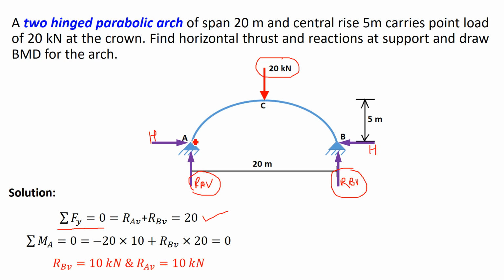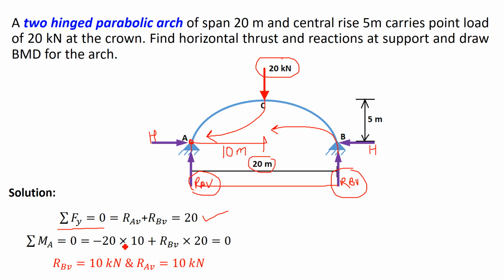Then we take summation of moment about point A. The moment of RAV will be 0 because it passes through point A. The moment of 20 kilonewton is clockwise, and the moment of RBV is anti-clockwise. The perpendicular distance of the 20 kilonewton load is 10 meter, half of 20, because it is acting at the crown, and the perpendicular distance of RBV is 20 meter.